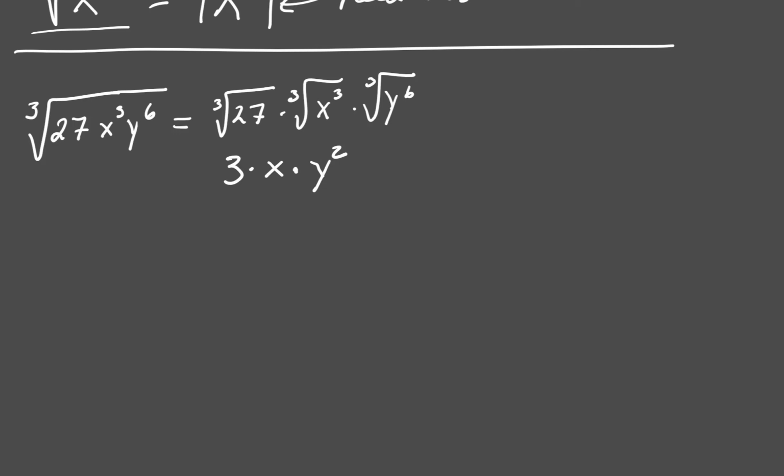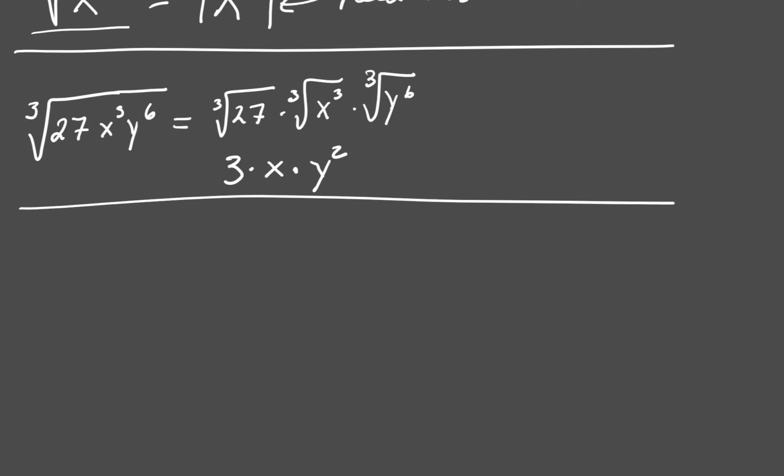Okay, I want to form these into triples, and I've got 6 things here, so when I form them into triples, there's two groups of 3 things under the cube root, so I get 2 full y's left over.